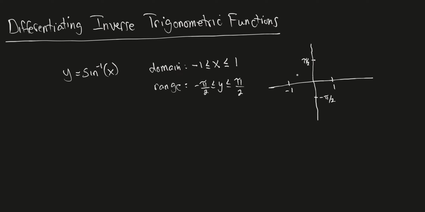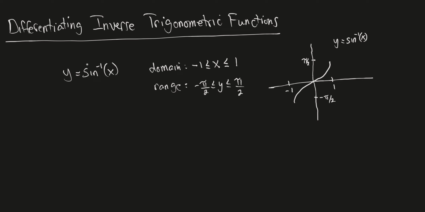And the shape is kind of interesting. It starts out down here, curves up like this, and then curves up like that. And that's it. So that's the graph of arcsine. Nothing super fancy, but this is the function whose derivative we're now going to try to find.